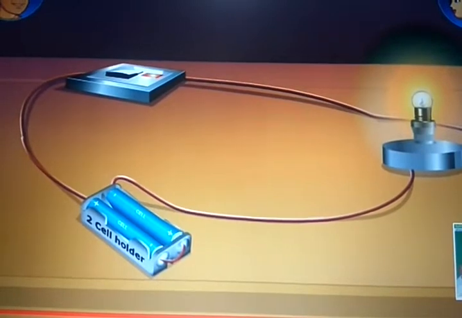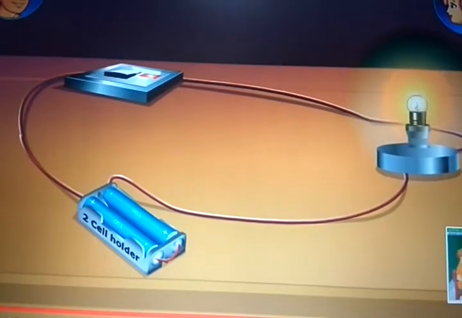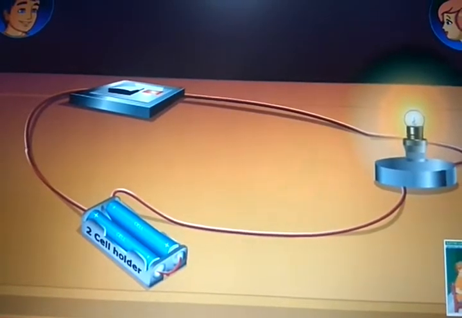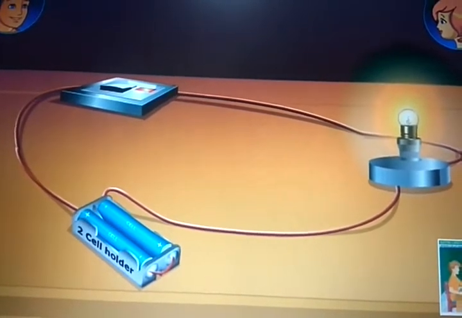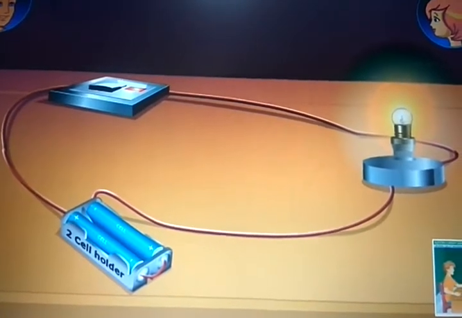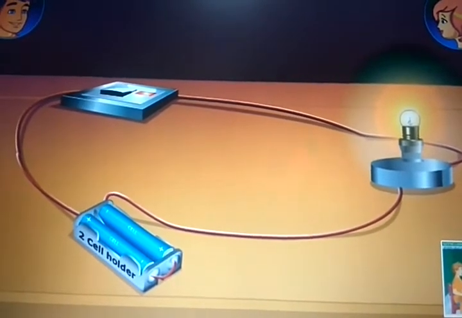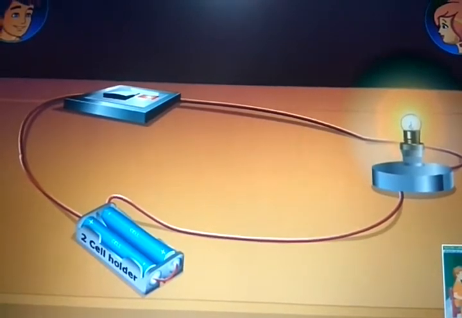In our simple circuit we can use two cells also. So if we use two cells, means if we construct with the battery, then the bulb will glow more because battery is there. Now not a single cell, now it becomes double, right? So its capacity is more to glow the bulb.